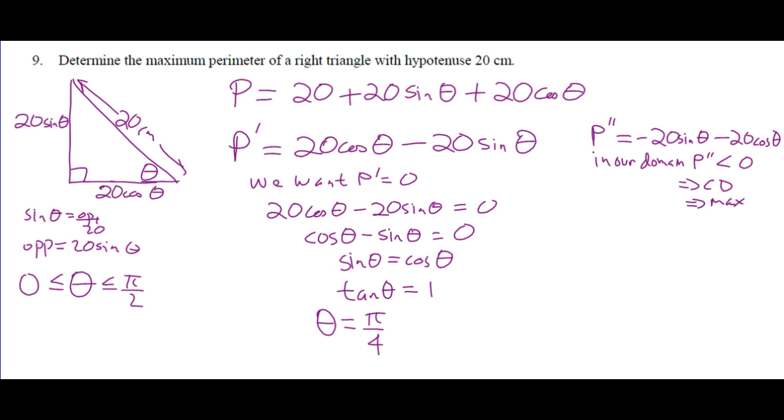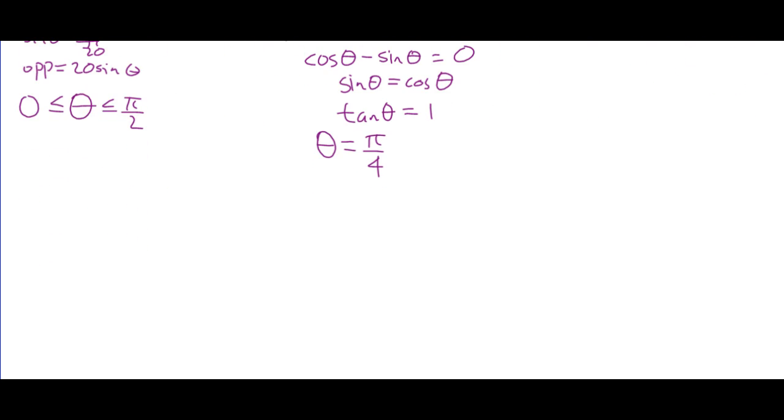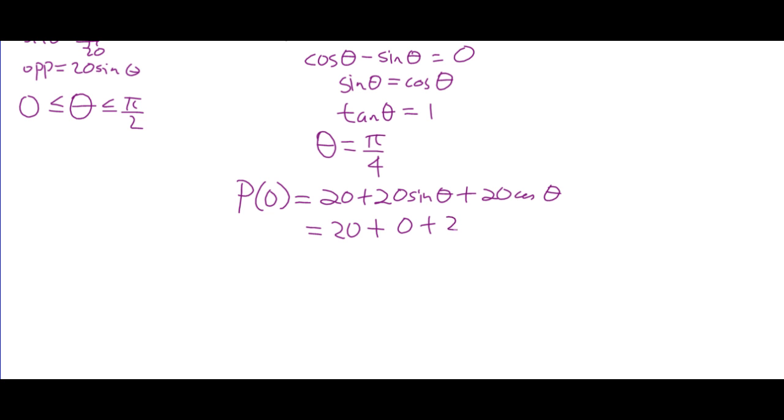We should specifically check the boundaries. If we do p of 0, which is 20 plus 20 sine theta plus 20 cos theta, we get 20 plus 0 plus 20, which is 40.